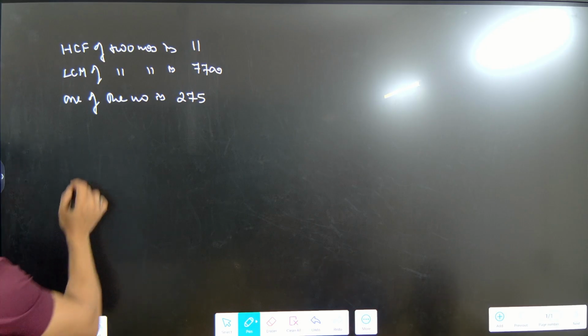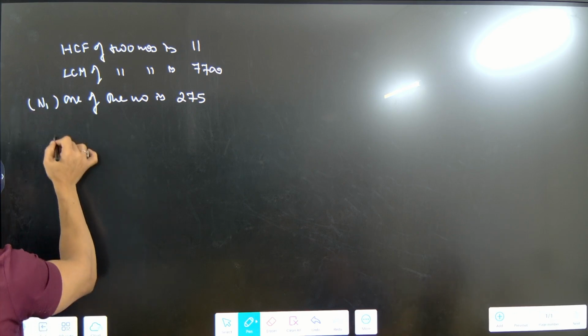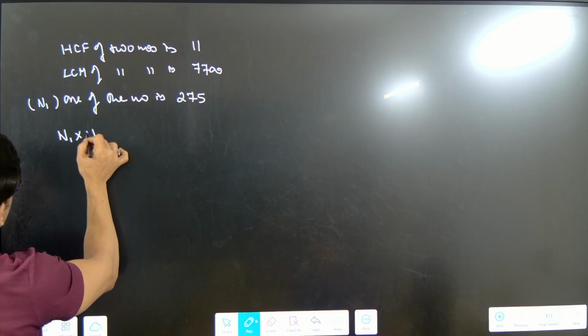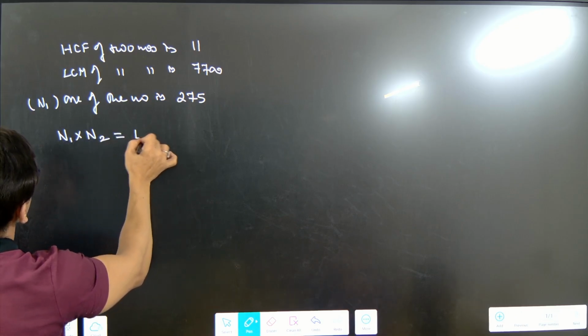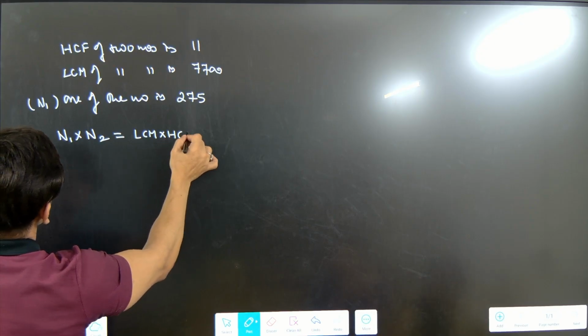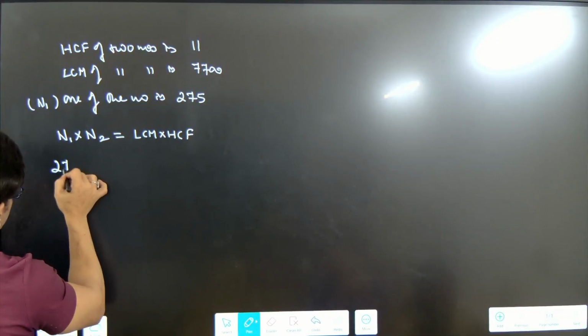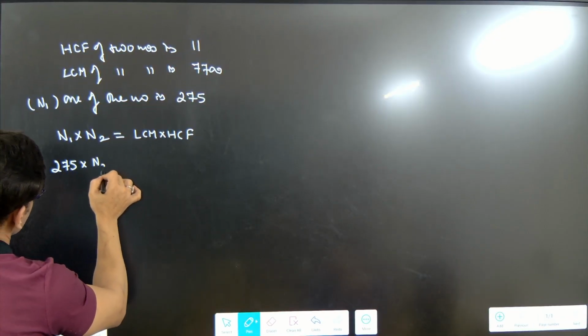So basically 11 into 7700 is equal to 275 into whatever. One of the numbers, let's say N1, is given to you. You know that N1 into N2 is equal to LCM into HCF, right? N1 you know, 275, N2 you don't know.